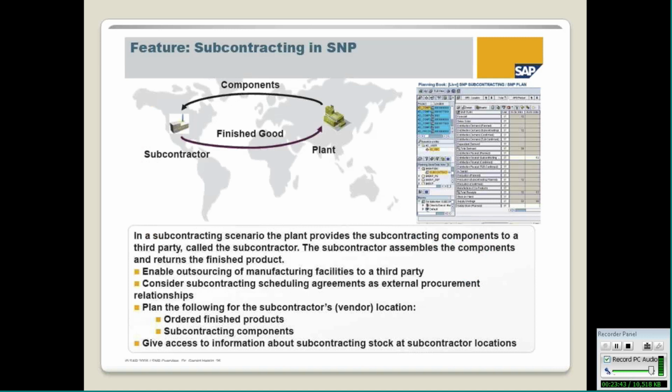And the subcontracting process is also supported in SNP. For example, you can take Cadbury. Every Deepavali or January 1st, they give a gift pack of the chocolates. It is a yearly once or yearly twice activity.